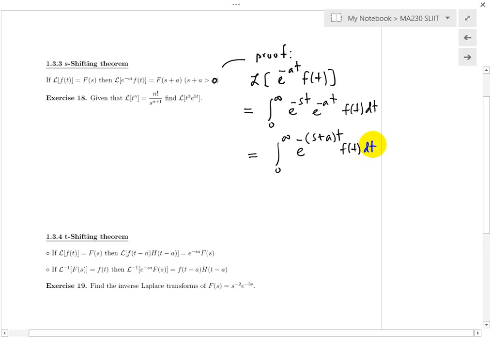Now note that a is some constant, and in this integration s is also constant. So we have to remember how we define our constant. So if this s plus a is constant, then this integral is nothing but the Laplace transform, capital F, now at s plus a.